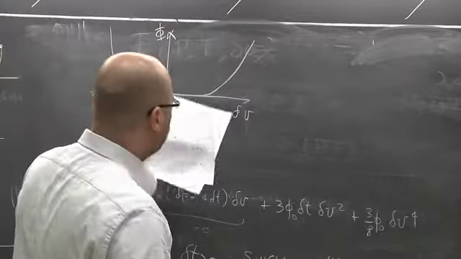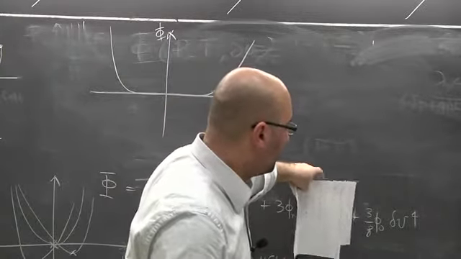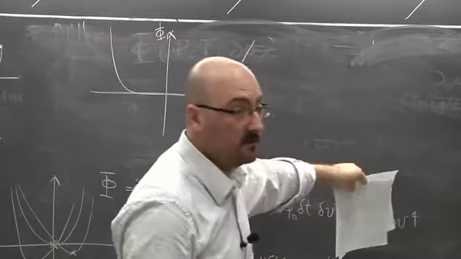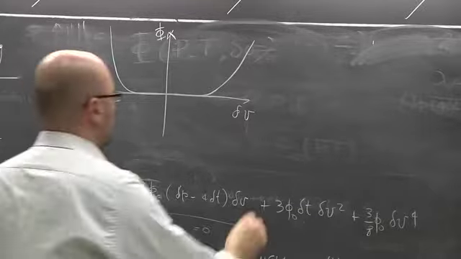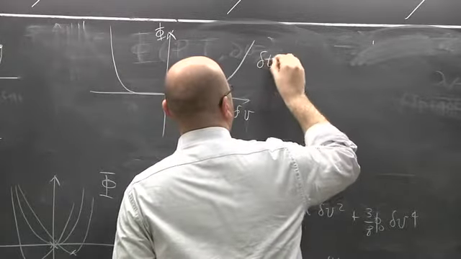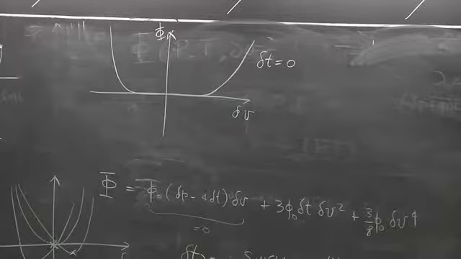In fact, the first, the second, and the third derivative vanish. The only thing that does not vanish is the fourth derivative. So the function is very flat, but there is still a single minimum.